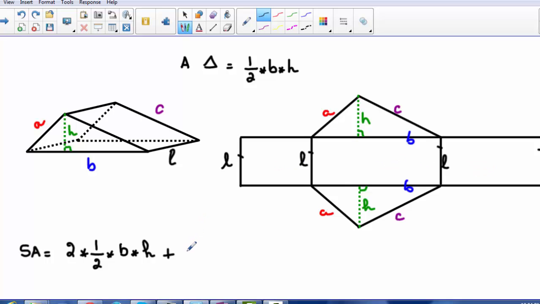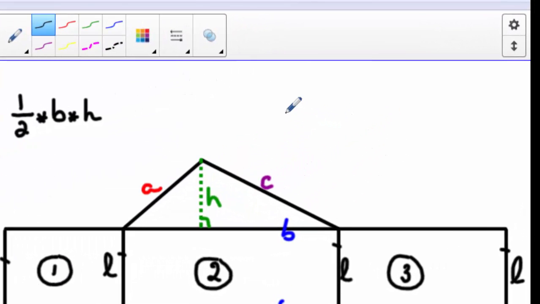That means I need the area of three rectangles: area of rectangle 1, area of rectangle 2, area of rectangle 3. So let's start with area 1. As you know, the area of any rectangle equals length times width. How do we know the length, how do we know the width?